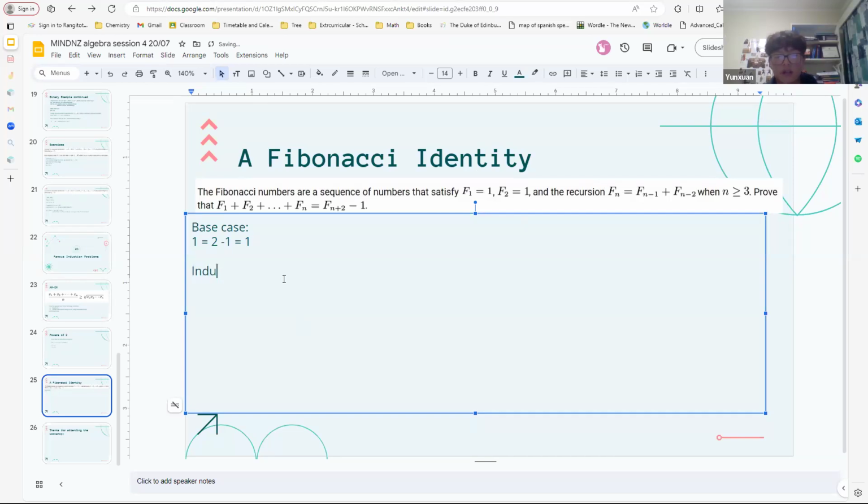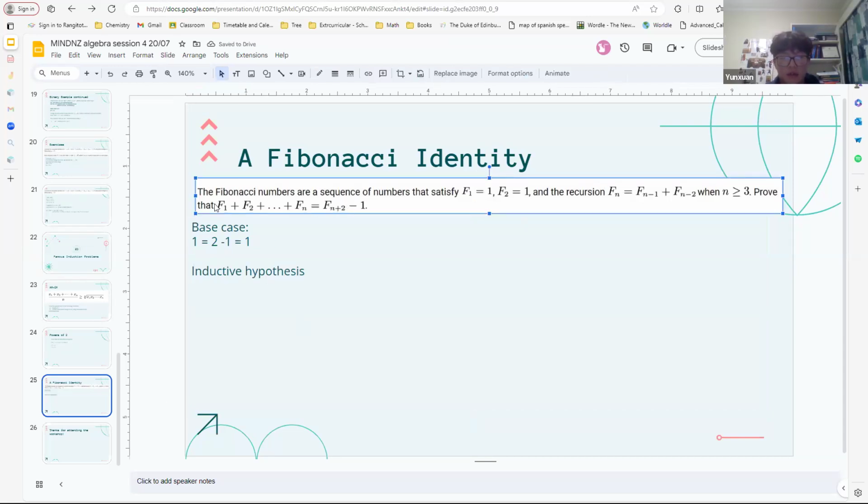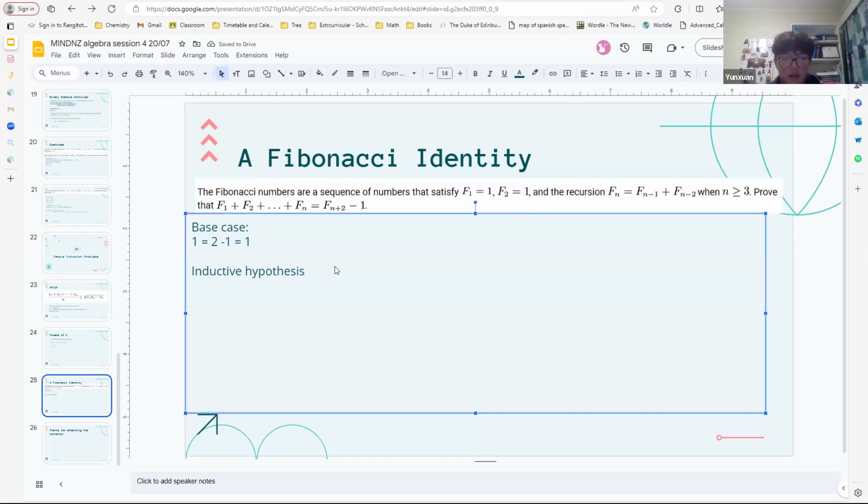And then our inductive hypothesis would be to assume this is true for some k: F1 plus dot dot dot plus Fk equals Fk plus 2 minus 1.